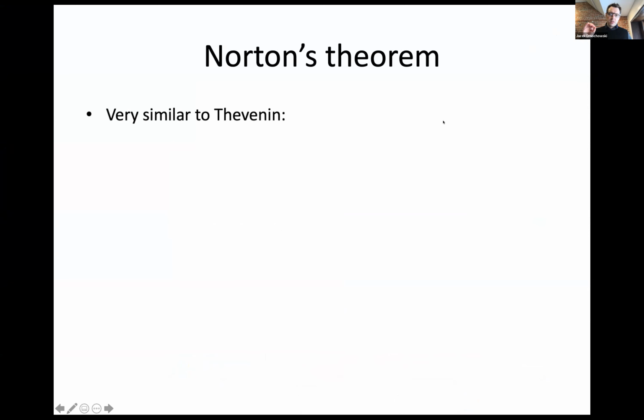First of all, as a recap of last class, Thevenin's theorem states that any linear circuit can be replaced with a simpler circuit that consists of a battery in series with a resistor. To figure out the value of that battery and that resistor, we do 2 things.